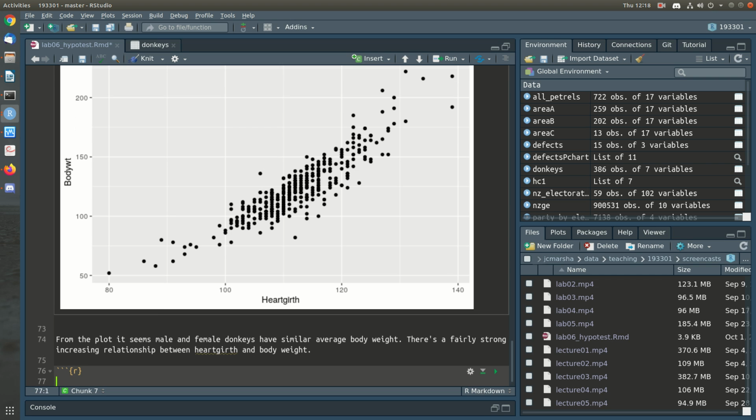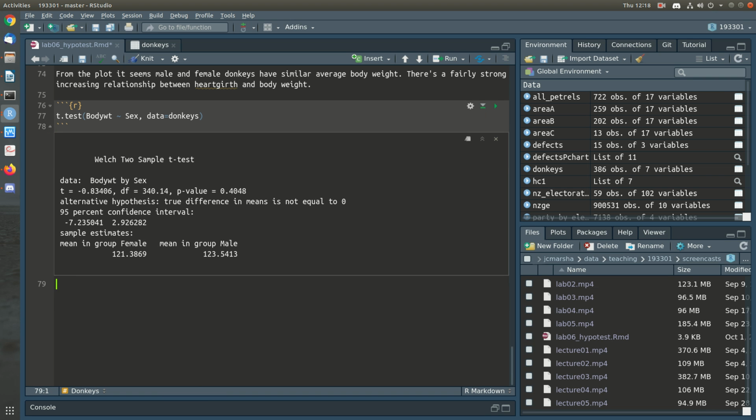So let's do a test now, a hypothesis test, to see if there's a difference in average body weight between the sexes, right? So we're going to be doing body weight in terms of sex from the donkey data. Okay, so what do we see?